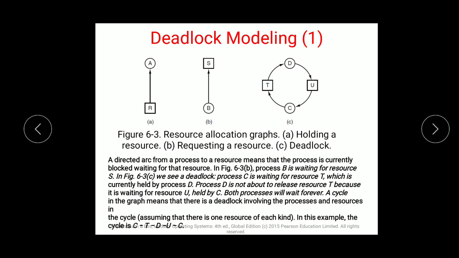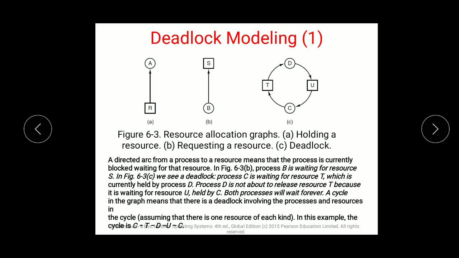Second is requesting a resource: process B is requesting resource S. And this is the circular wait condition I explained to you, which is called the deadlock condition.